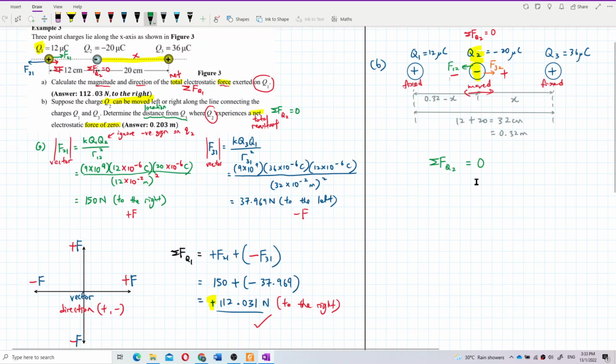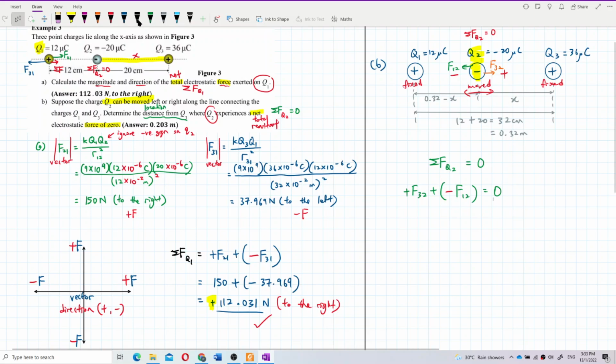Now we can write it down over here. F32 is positive because it's to the right, total with F12, which is negative because it's to the left, so we put a negative sign. Negative F12 equals 0.